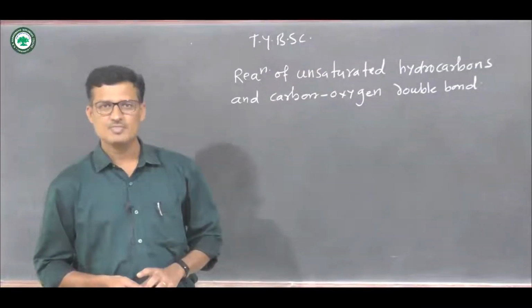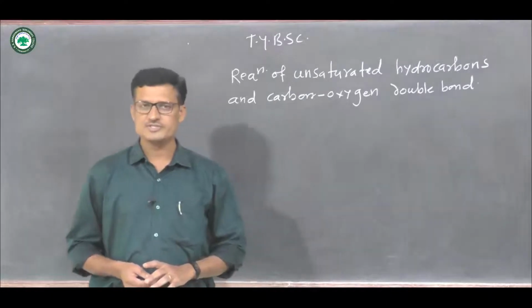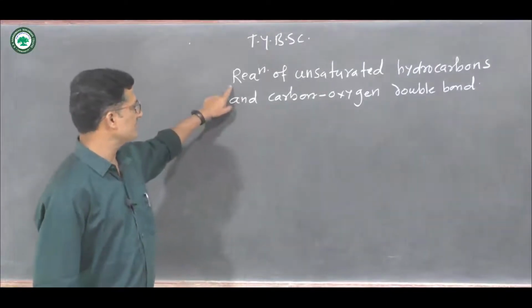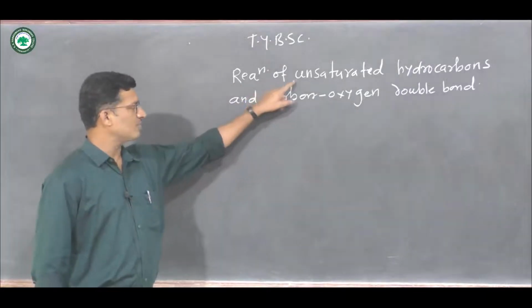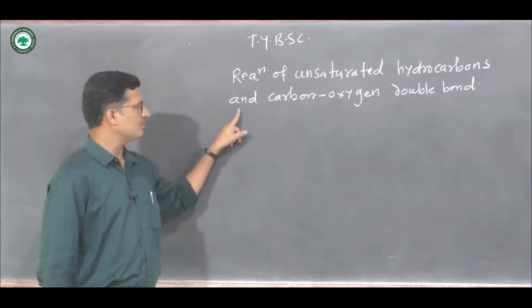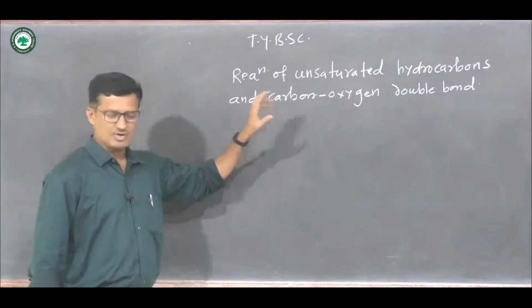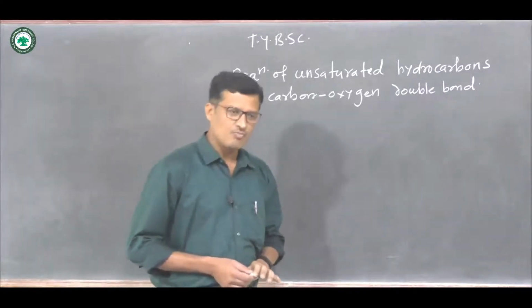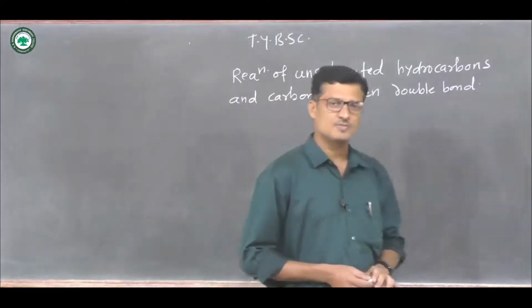Dear students, today we are going to discuss the next chapter, and the name of the chapter is reactions of unsaturated hydrocarbons and carbon-oxygen double bond. So you know what is meant by an unsaturated compound.